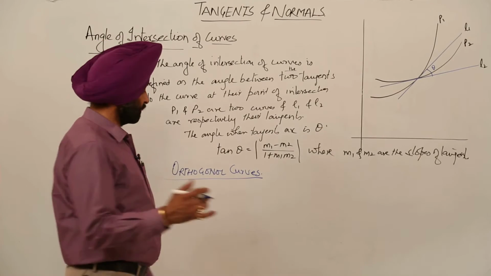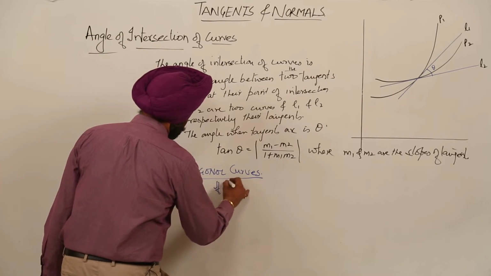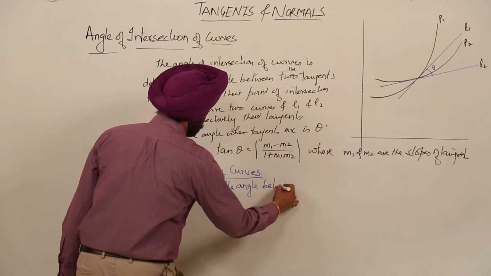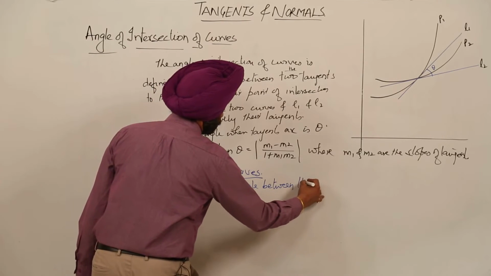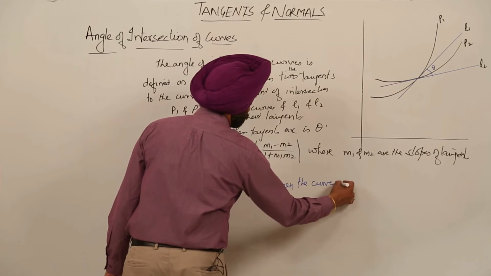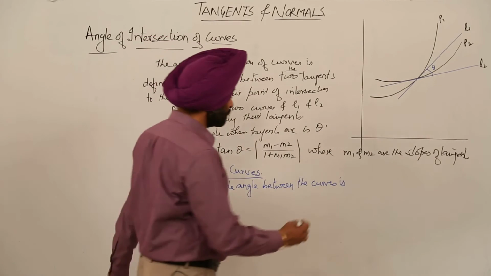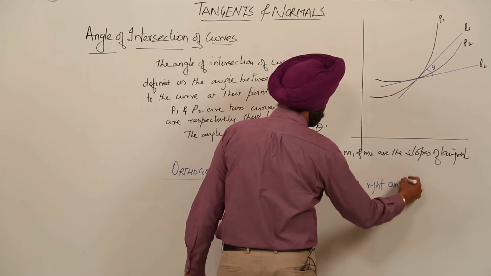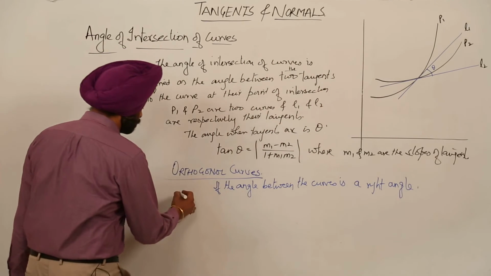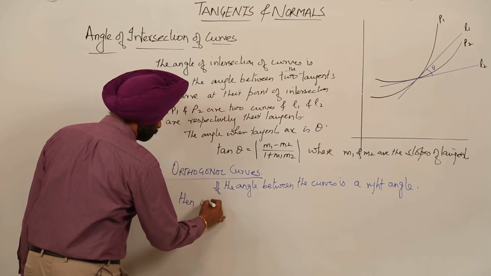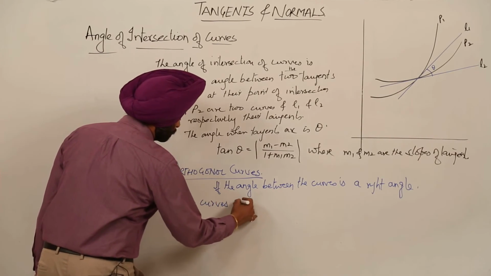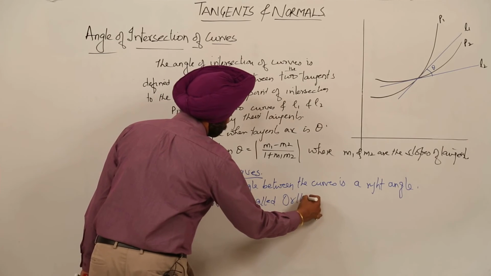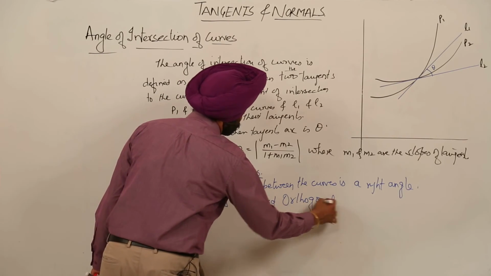Now if the angle between the curves is a right angle, okay, is a right angle, then the curves are called orthogonal.